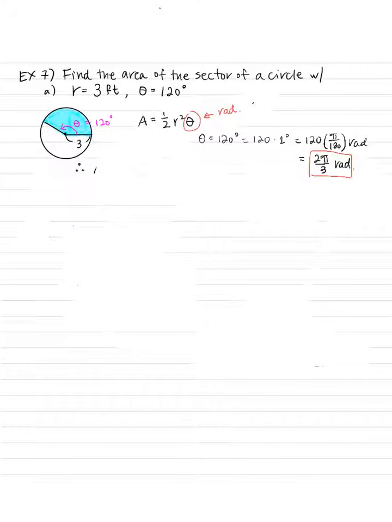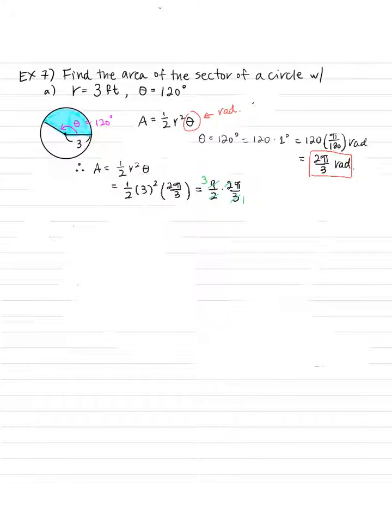So therefore, A equals 1/2 r squared theta now becomes 1/2. R is 3 feet. So you're going to have 3 squared times theta, which is 2 pi over 3. So this is the same thing as 3 squared is 9, 9 over 2 times 2 pi over 3. Now let's simplify a little bit. 2 is going to cancel. 3 goes into 3 once and into 9 3 times.